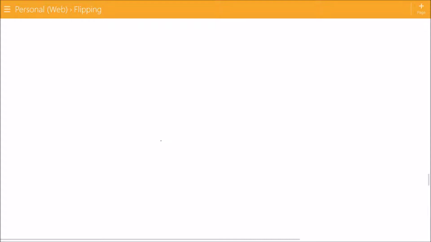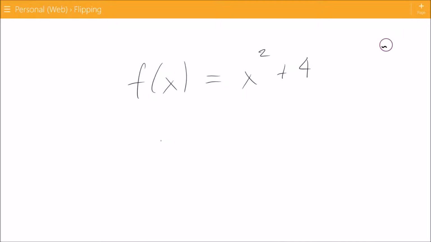All right, so please review that, think about that, and I'd like you to see what you can do to transform this function if f of x is equal to x squared plus 4. Try and vertically stretch that by a factor of 3.